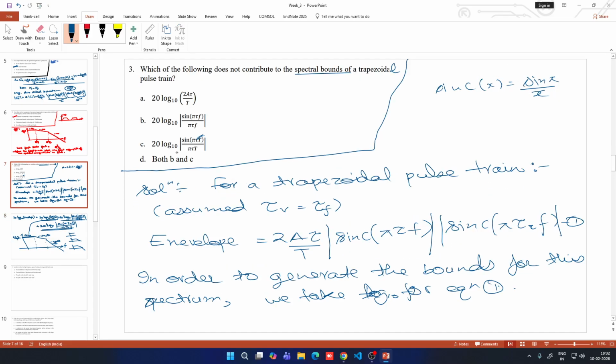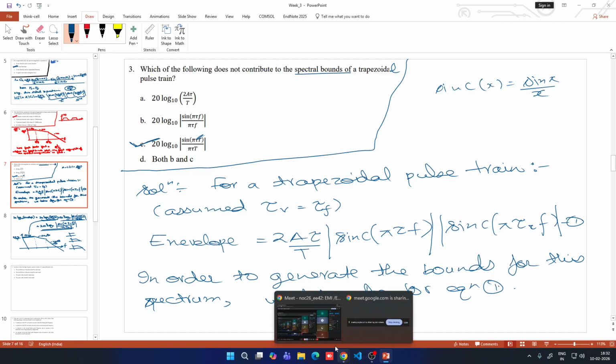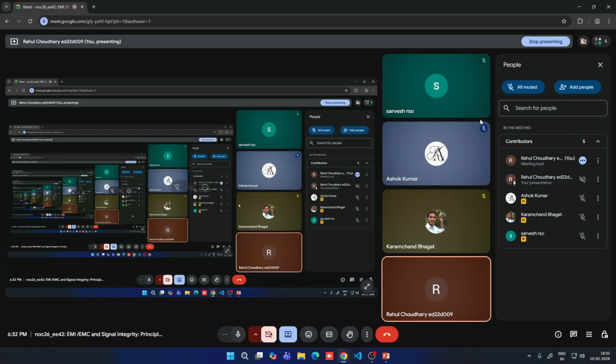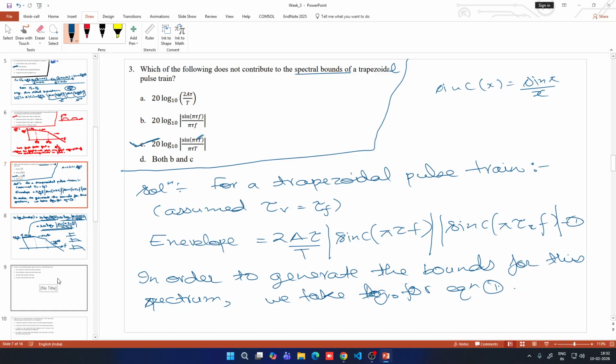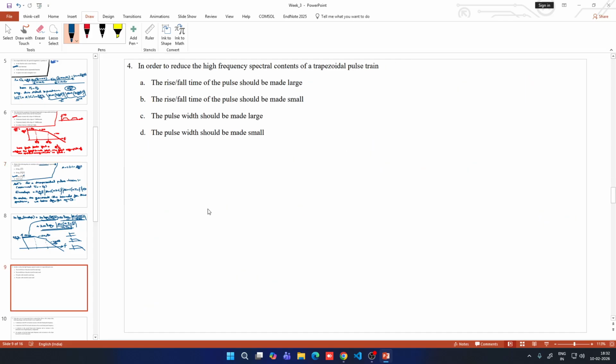So option C is the one which is not contributing to the spectral bounds of a trapezoidal pulse train. So here the correct option is option C. If you have any doubt in question number 3, please let me know. If this is clear, we will move on to question number 4.